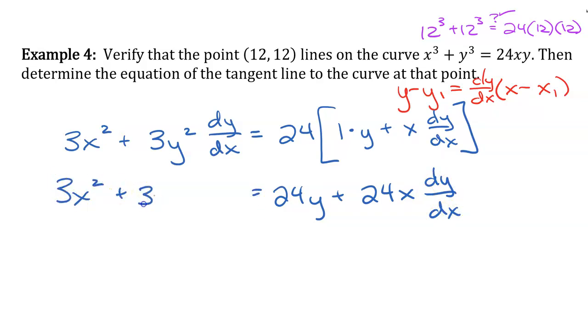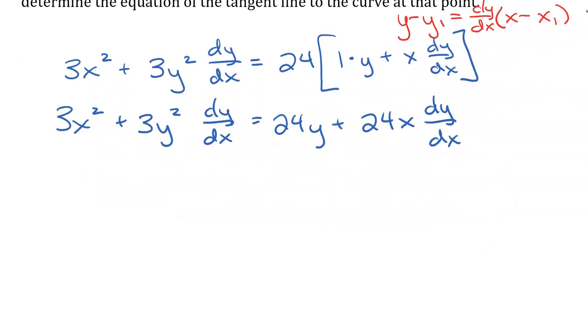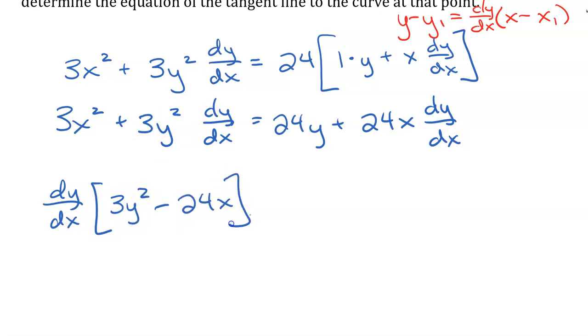And there we go. So now we want to solve for dy/dx. So every term that has dy/dx gets moved to the left, everything else gets moved to the right, and we treat dy/dx as a GCF and we'll pull it out. So dy/dx, and then 3y squared minus 24x from the other side.